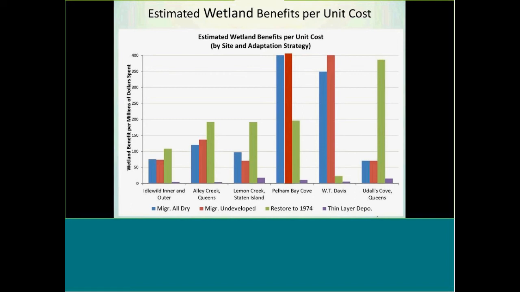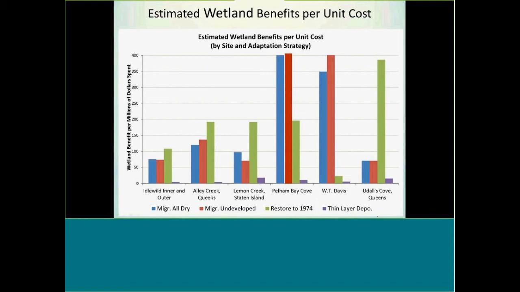What we're seeing is that for Pelham Bay Cove and W.T. Davis, because of the public to private breakdown and the land being available less expensively, that becomes the best strategy there. For these other sites, Restoration 1974 for Udall's Cove, Queens, is very beneficial.